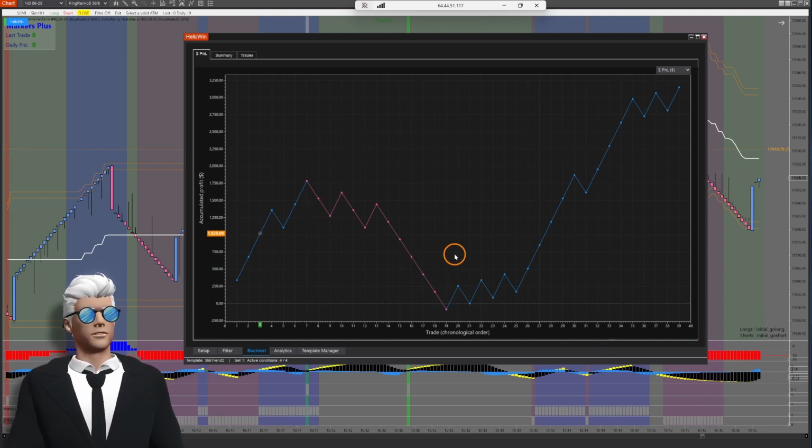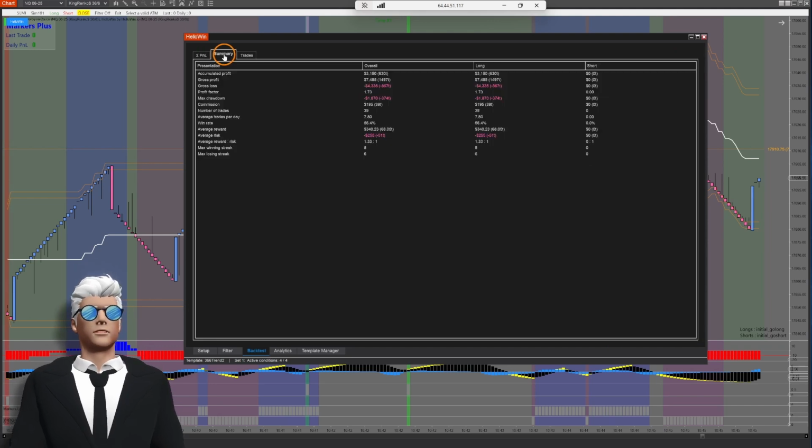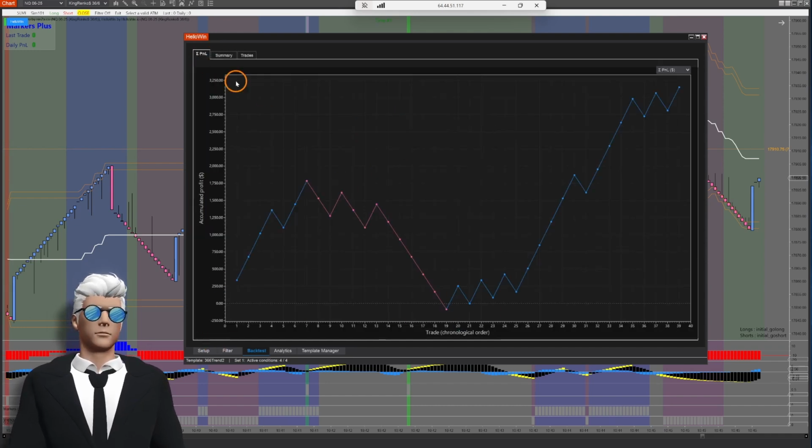Not bad at all. And look at our equity curve. That is awesome returns, awesome profit factor, very respectable win streak versus loss streak, and very respectable win rate with the type of trading that we're doing on this.